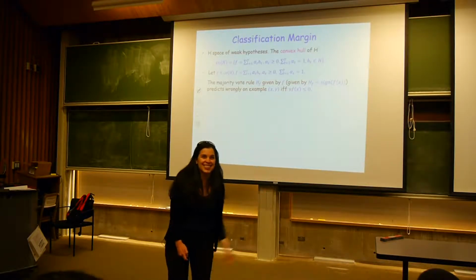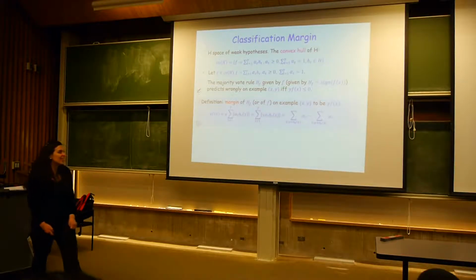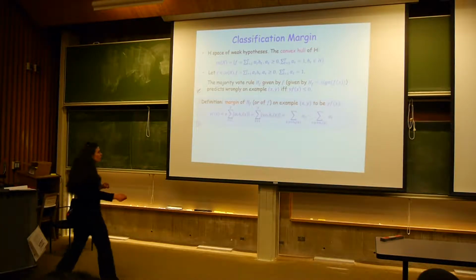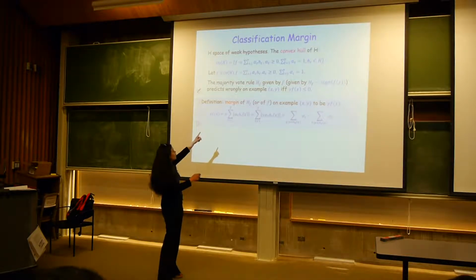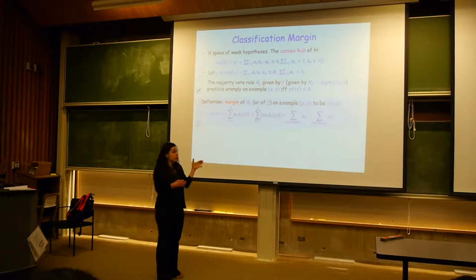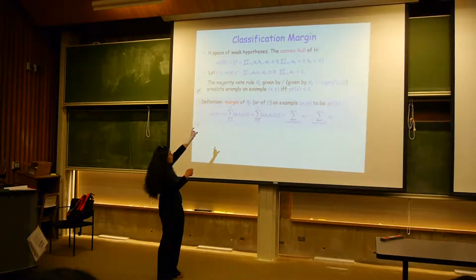Exactly, perfect. Okay, so here's my slide. This is the formalization, but let me just jump to the wordy explanation. The final classifier is a weighted majority vote that we threshold. So let's assume that the final classifier is given by a weighted majority vote of T base learners that we threshold.